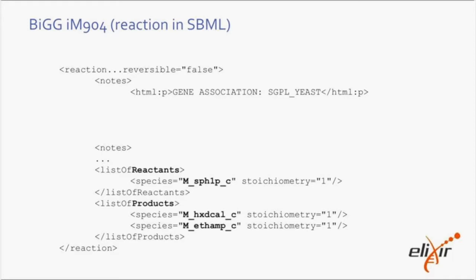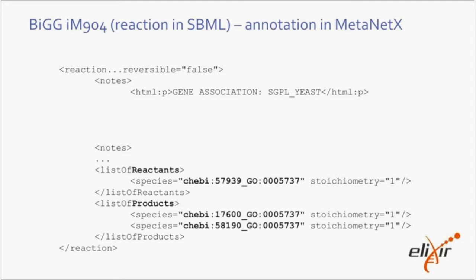Okay. So the annotation of metabolites and reactions in SBML from different providers varies. Different providers might use different labels for the same metabolite, or they might or might not provide links to databases. So what happens when we pass this SBML through the MetaNetX pipeline? We annotate these metabolites with standard identifiers for these entities and their compartments.